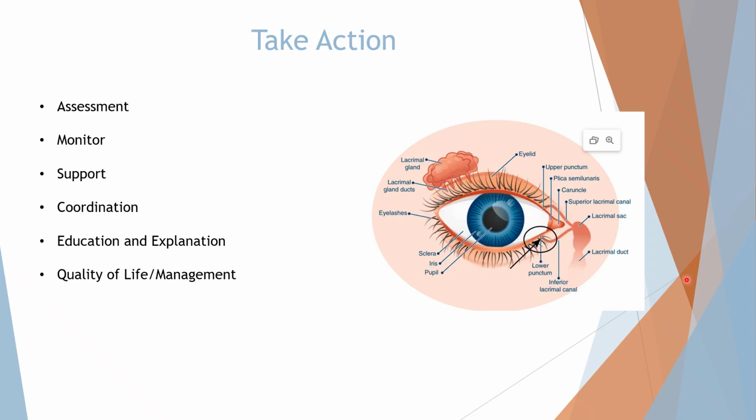After you're done inserting the eye drop, you need to use what's called punctal occlusion. This is the lower punctum, and the arrow is pointing there. You need to put a finger right there in this corner of the eye for 1 to 2 minutes to reduce systemic absorption.